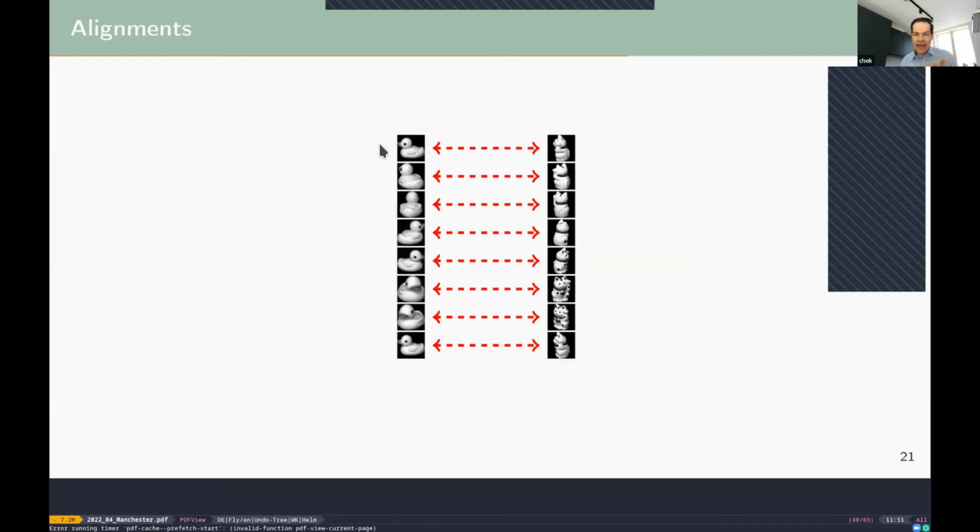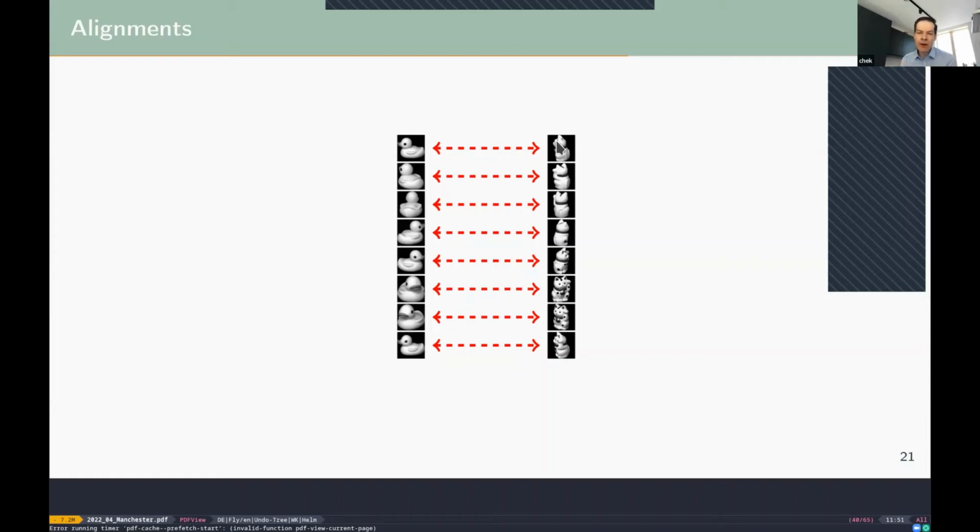So let's say I take two data sets. So these are now my modes or views of the problem. So on one side, I got ducks, and on the other one, I got cats, right? And now what I do is that in every multimodal scenario, you have to say, well, this one and this one is somehow connected to each other, right? They happen at the same time. So now that provides supervision.